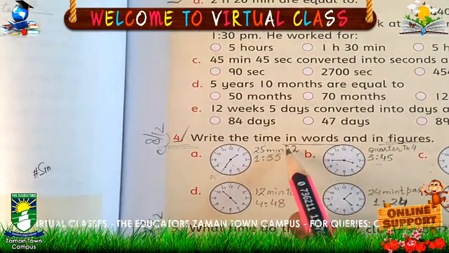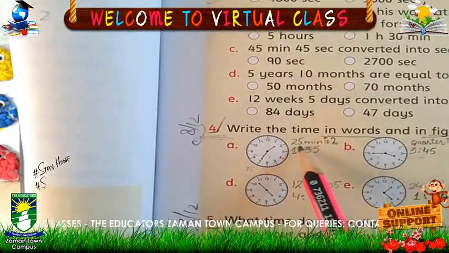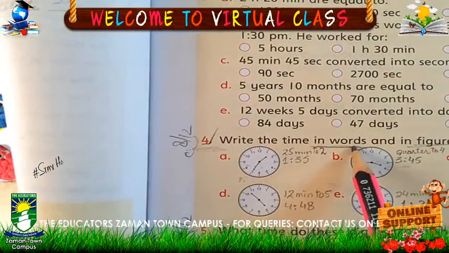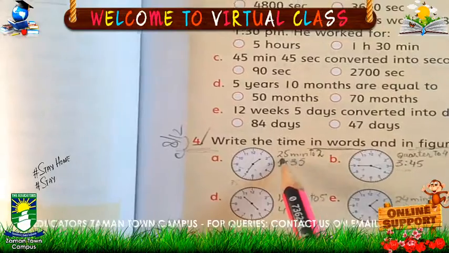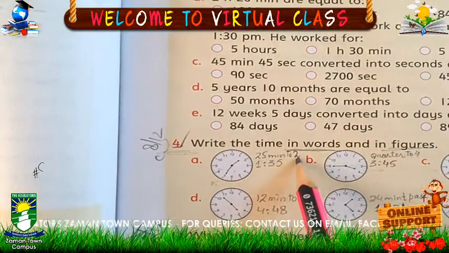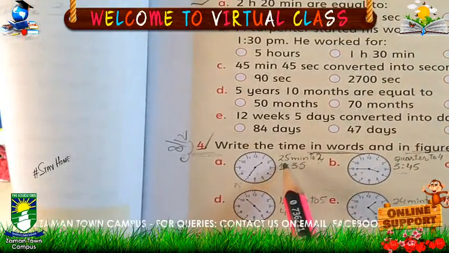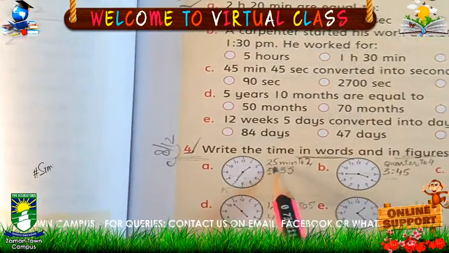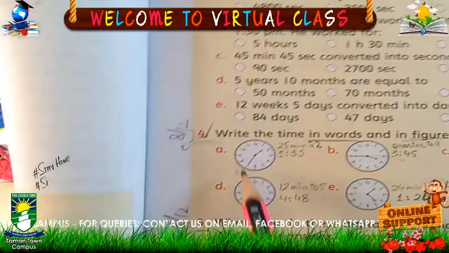We can tell the time in two types. If they are saying you have to tell in words, we can say 25 minutes to 2. As I have told you, we have to tell the minutes first whenever we tell the time in English. Okay, so 25 minutes to 2.